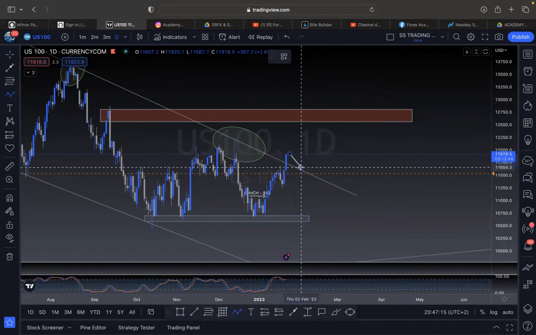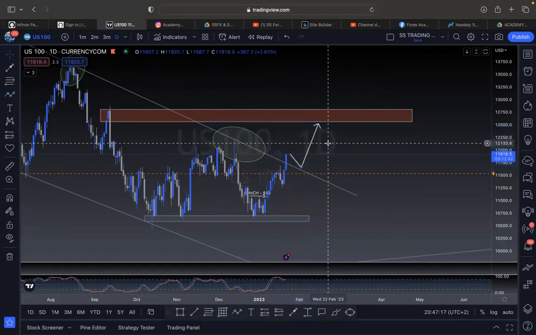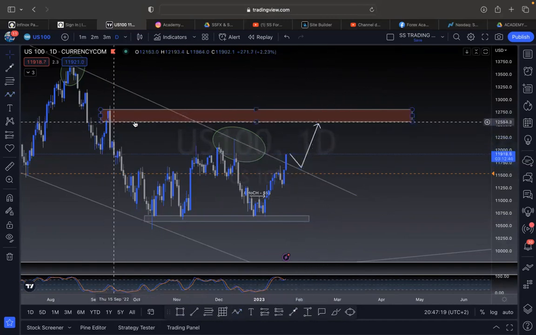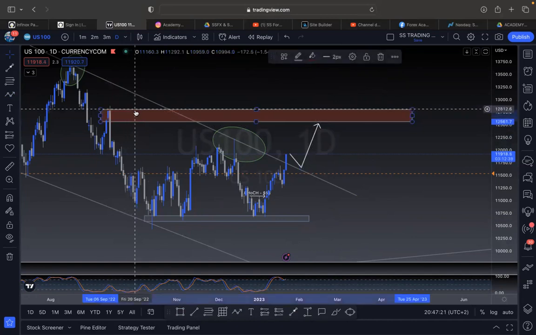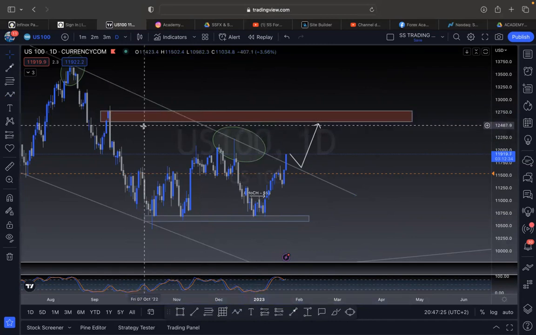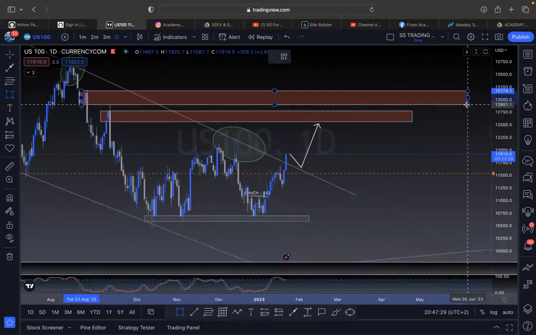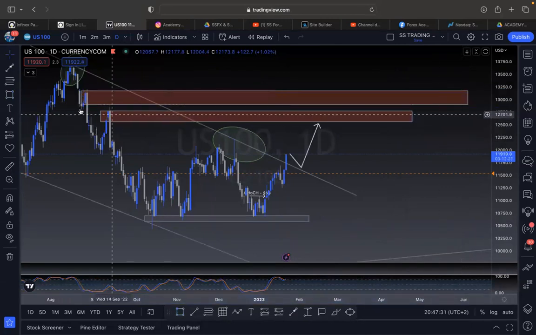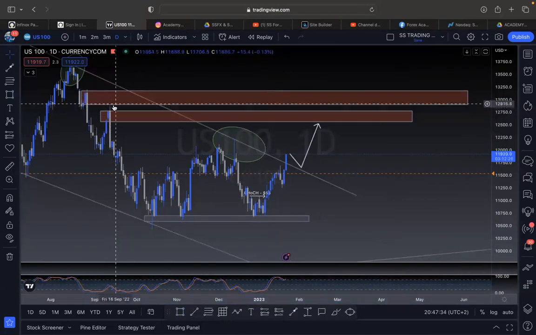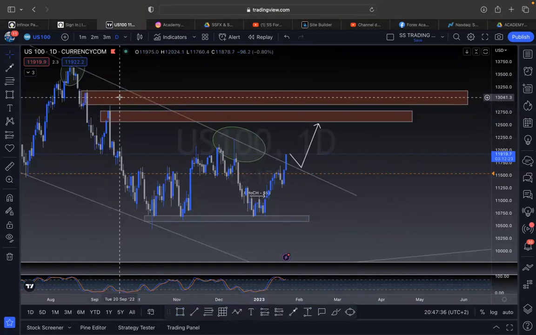So when we see a pullback, we're targeting 12,600 to the supply level up here. So there's one of two areas that could hold. It's either the first level here or the second one that sits just above it, because you've got a high just below the supply zone.